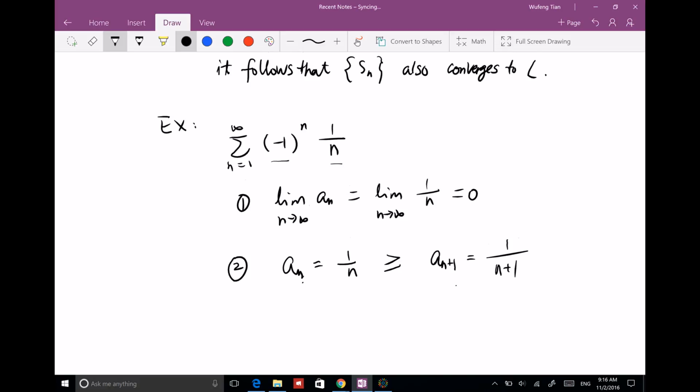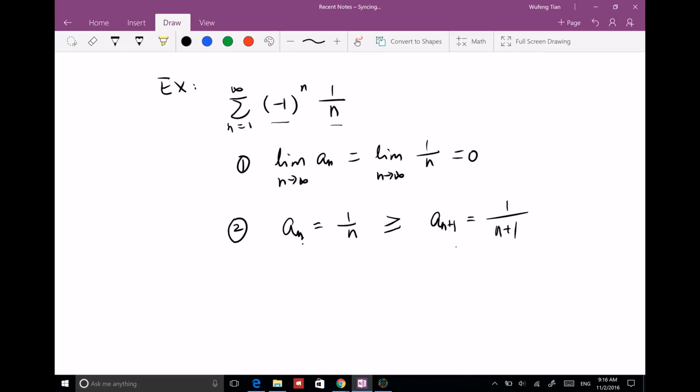Alright, so then by the alternating series test, it converges.